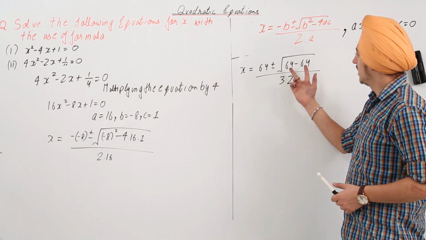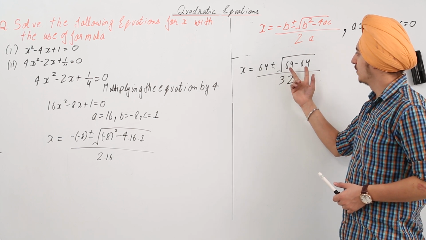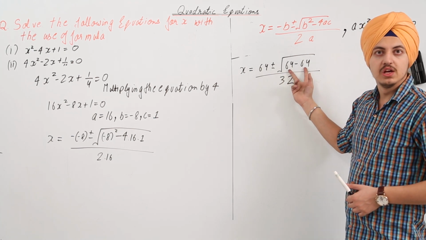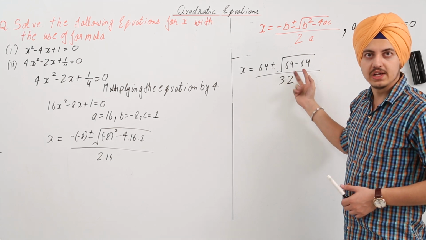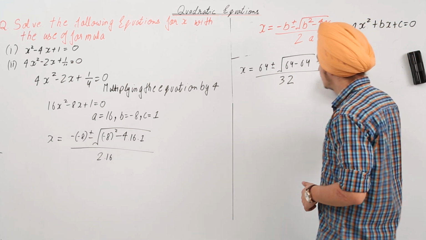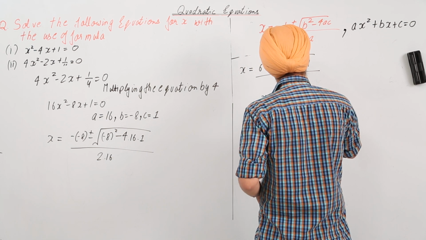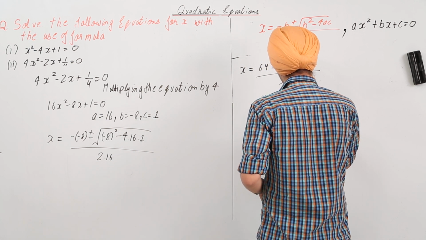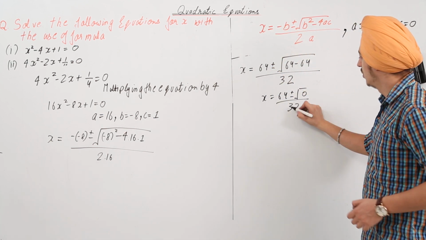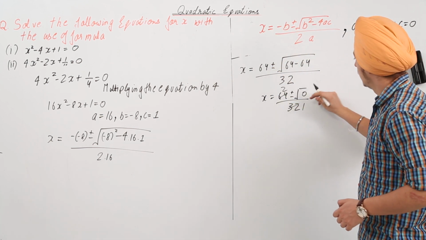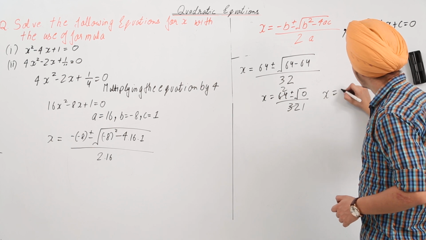So the value that is under the square root comes out to be equal to 0. So x is equal to 64 plus minus root of 0, that is 0. Now we have x equal to 2.